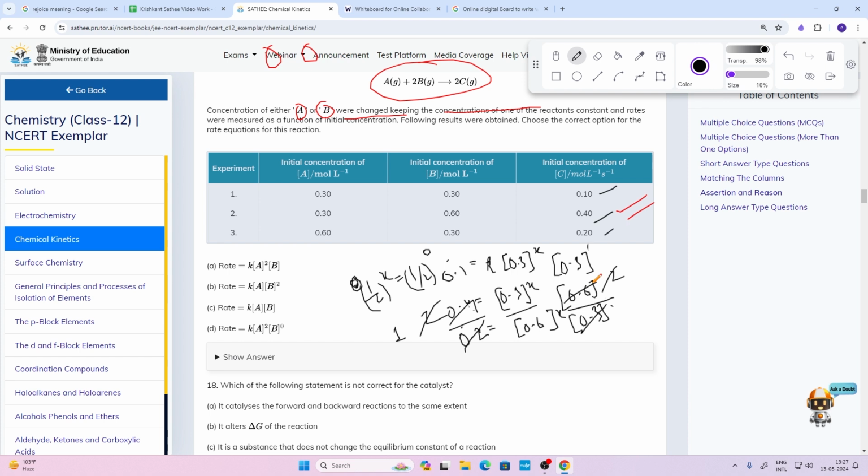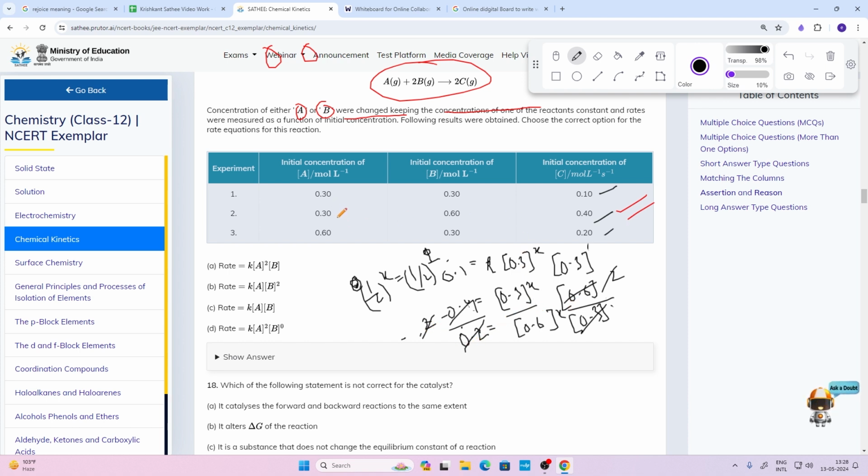So is it correct? Let me see again. So we have 0.3 by 0.6. Here it is 0.4 by 0.2. So this is 2. Okay, this is 2 and not 1. So of course, 2 and 2 will be cancelled out.